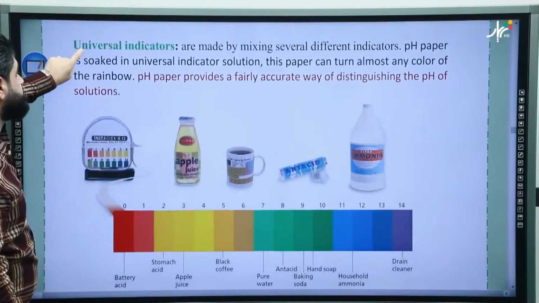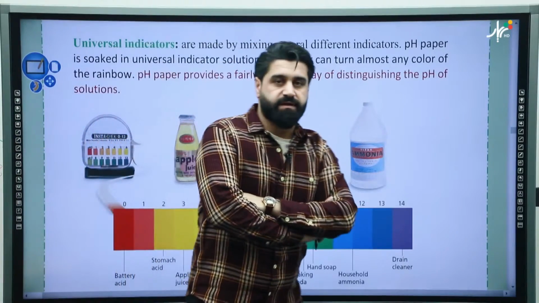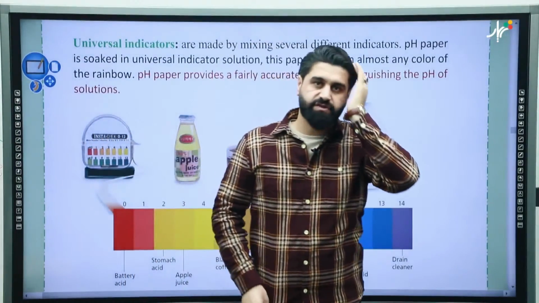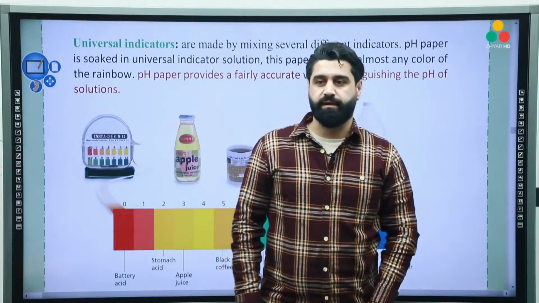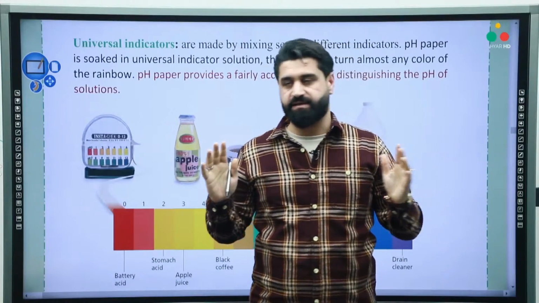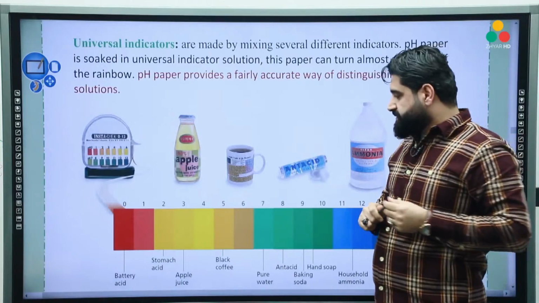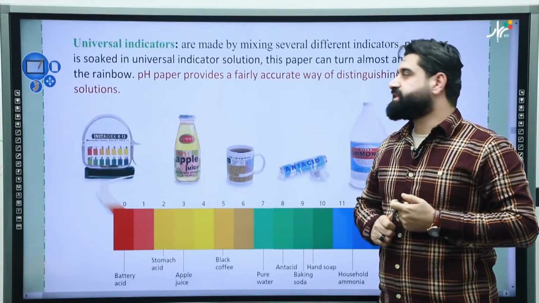About the universal indicators, we have a lot of different indicators in the laboratory, so you may be confused about which one has the widest working range suitable for any type of medium. Actually, we don't have that kind of indicator.